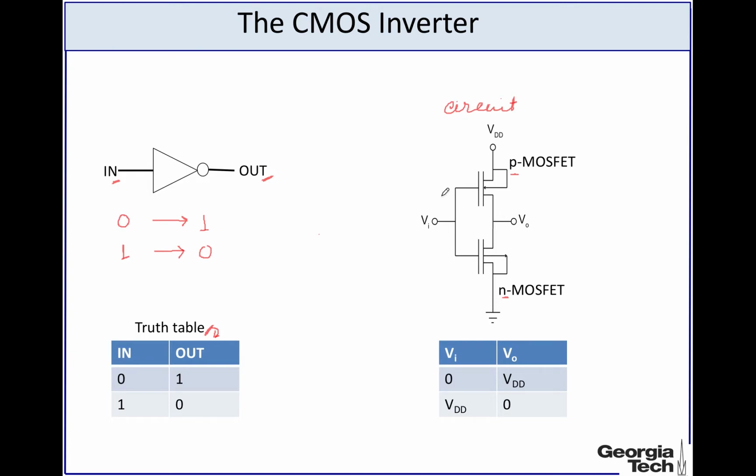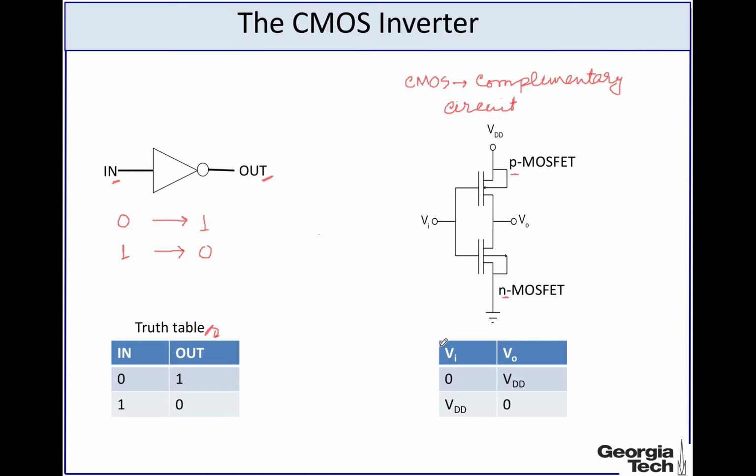In CMOS, the C stands for complementary, and this complementary means that you have an NMOSFET which is complemented by a PMOSFET.